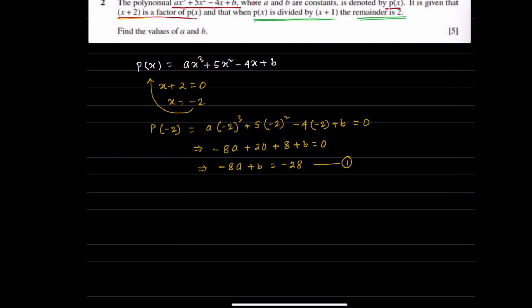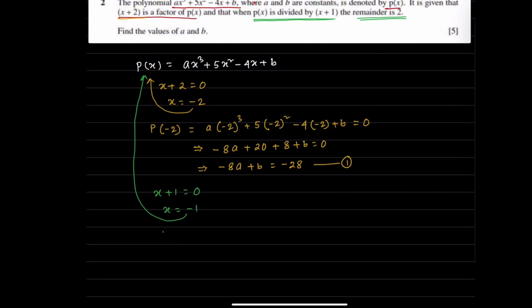Now the second statement: p(x) is divided by x plus 1, the remainder will be 2. According to the remainder theorem, x plus 1 equals 0, so x equals minus 1. Again, we put this x equals minus 1 in p(x).